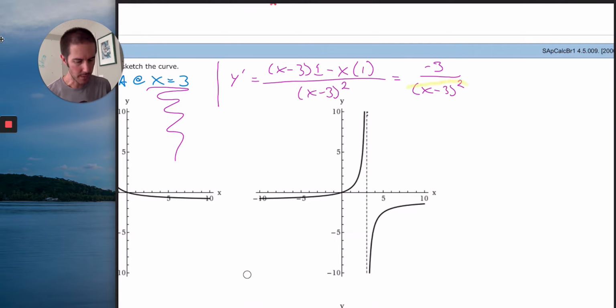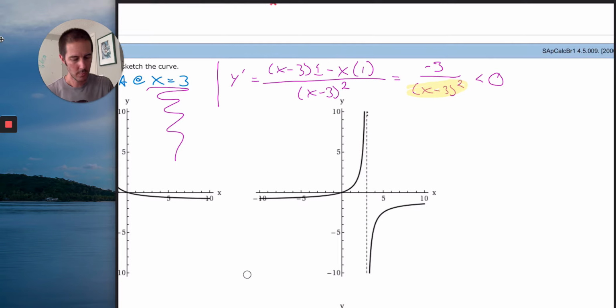Notice that our denominator is a quantity that's being squared. Anything that's being squared on the real Cartesian coordinate plane is going to be positive, or 0. Our numerator is always negative, so you've got a negative divided by a positive. That is always going to be less than 0 for all x values except for x equals positive 3, where we have the asymptote.